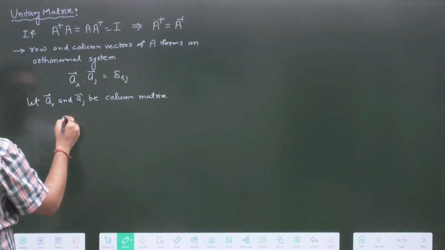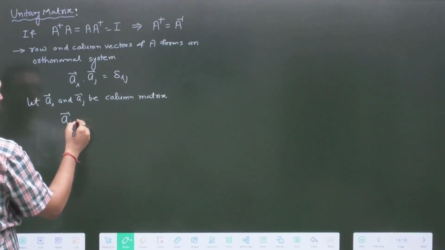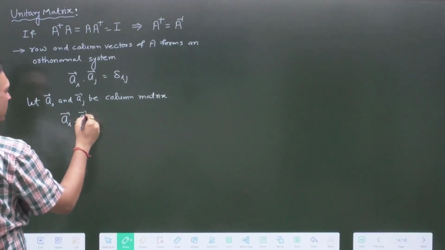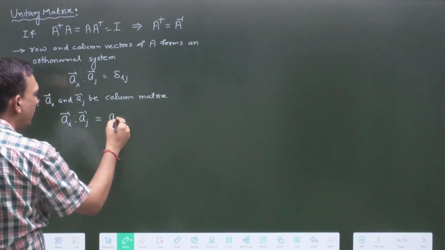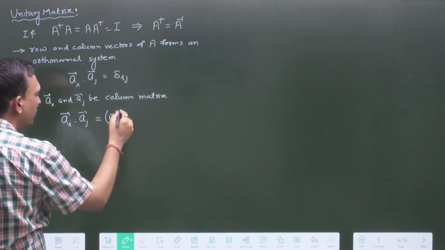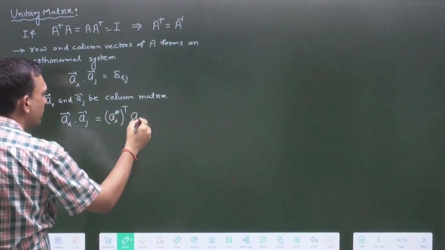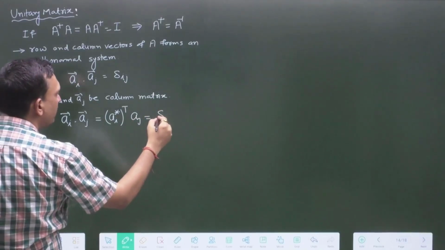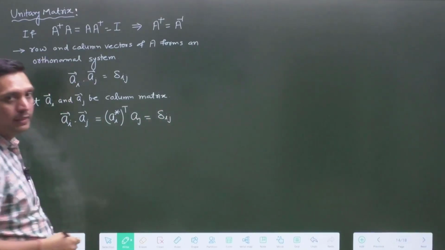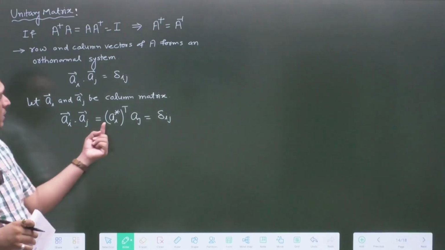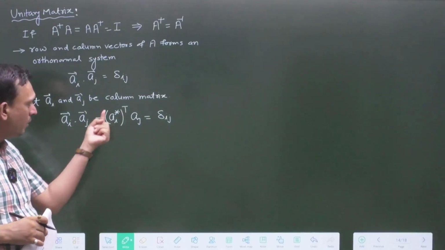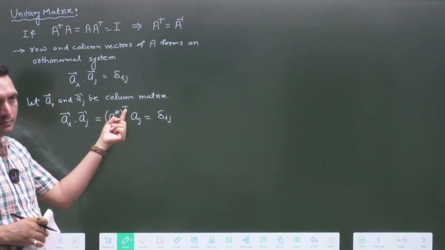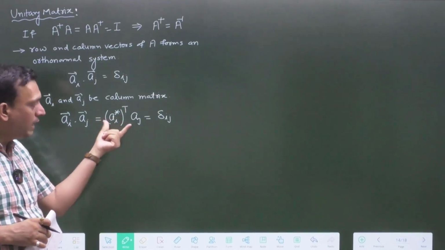So in that case, the inner product Ai dot Aj is given by Ai complex conjugate transpose Aj. This will be a single entry. How to find it? Row by column. But because it's a complex matrix and it's a column, you have to convert it into a row, taking the complex conjugate transpose. That will define its inner product.